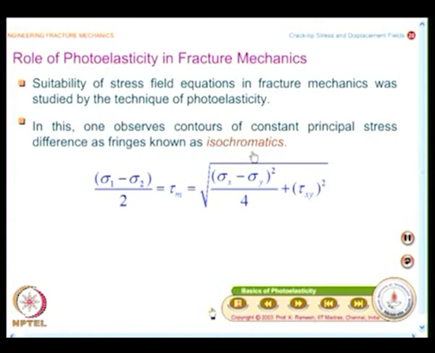And how are they mathematically related? The maximum shear stress is given as square root of ((sigma x minus sigma y) whole square divided by 4, plus tau xy whole square). Suppose I solve a problem analytically, then I would get expressions for sigma x, sigma y as well as tau xy.